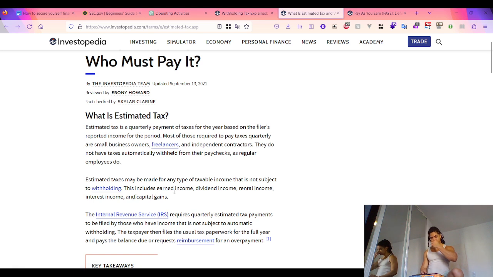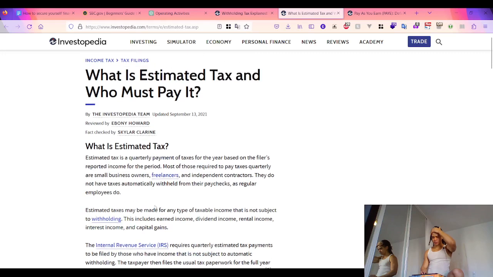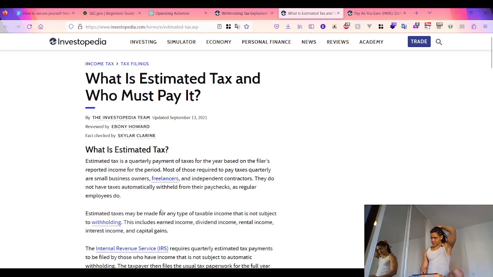These include earned income, dividend income, rental income, interest income and capital gains. Most of those required to pay taxes quarterly are small business owners, freelancers or independent contractors. Estimate taxes are a quarterly payment of taxes for the year based on the filer's reported income for the period.